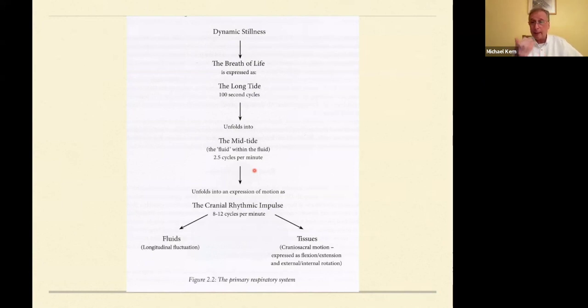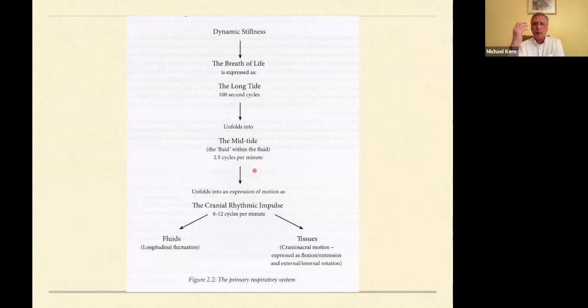Now, we may think of fluid only in terms of blood or cerebrospinal fluid or interstitial fluid, but we have to remember that everything in the body is fluidic. Bone is 60% fluid, muscles, organs, every living structure is primarily fluid. Water is the most common element within the body.